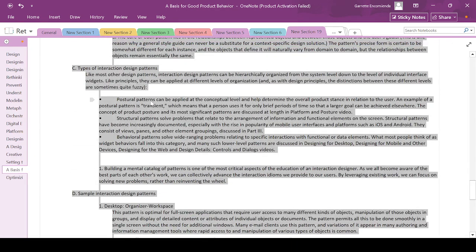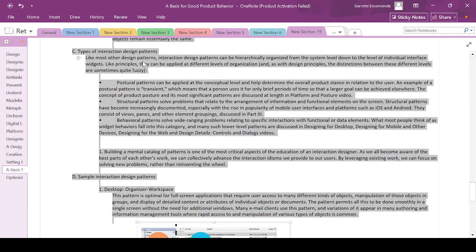So, types of interaction design patterns. Like most design patterns, interaction design patterns can be hierarchically organized from the system level down to the level of individual interface widgets.